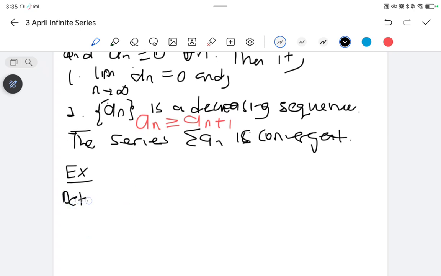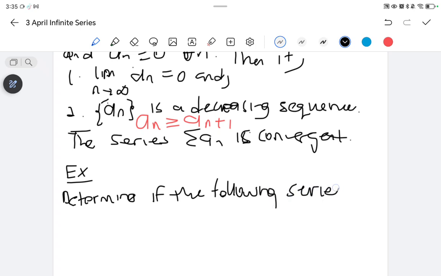So we need to determine if the following series is convergent or divergent, alright?